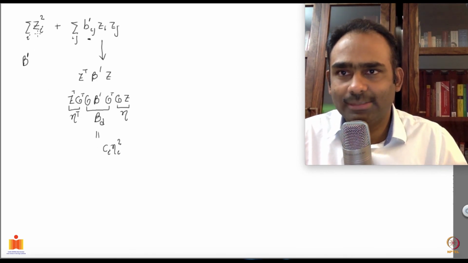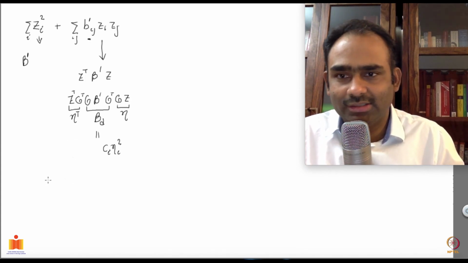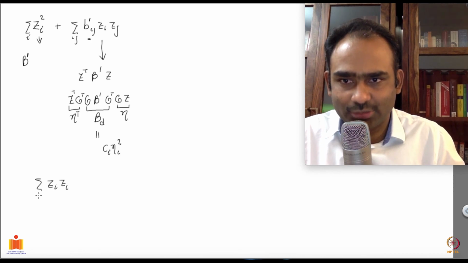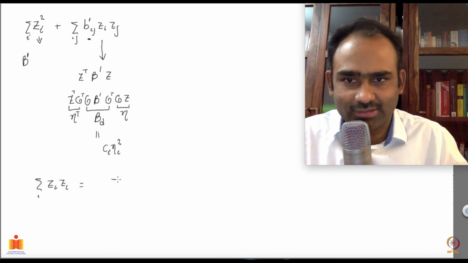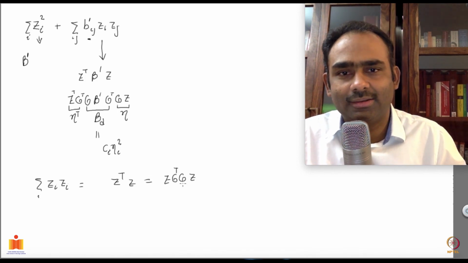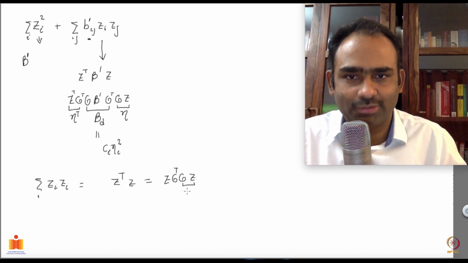And now let's look at this piece. The sum over i of zi squared is the same as z transpose z. And what has happened to z? We have put O transpose z, and this is what you have called eta.